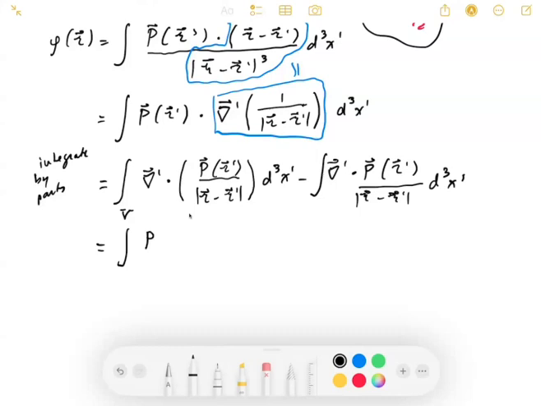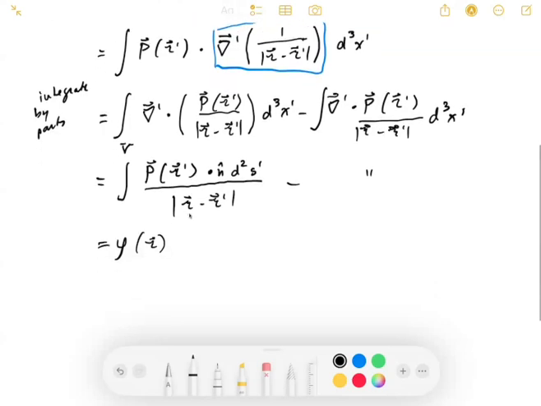So now we have a P vector dotted with the normal, and then that's d2s prime divided by, well, it's still that same thing. And then this thing stays the same. And this is the potential, right? So this is the potential phi of r.